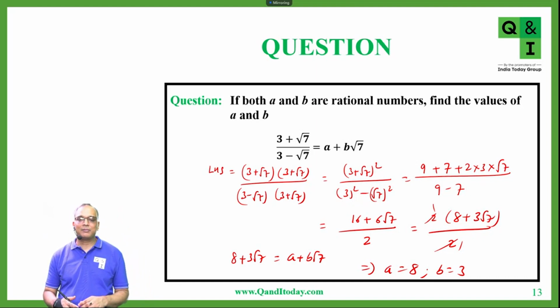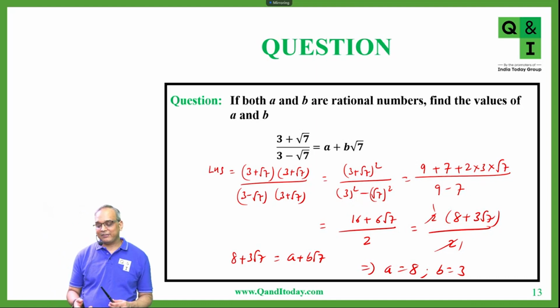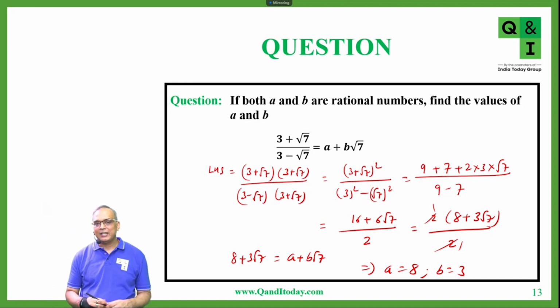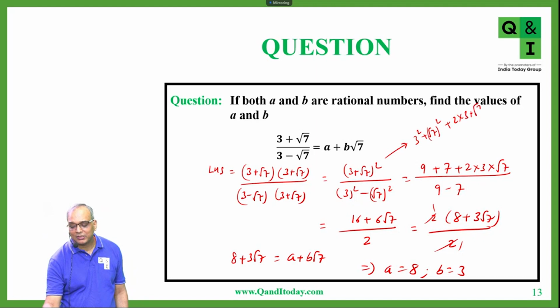It will be a square minus b square in the denominator. That is 3 square minus root 7 square. 3 square is 9, root 7 square is 7. So 9 minus 7, you will get 2 in the denominator. And in the numerator, we have 3 plus root 7 whole square. So this is nothing but 3 square plus root 7 square plus 2 times 3 times root 7.